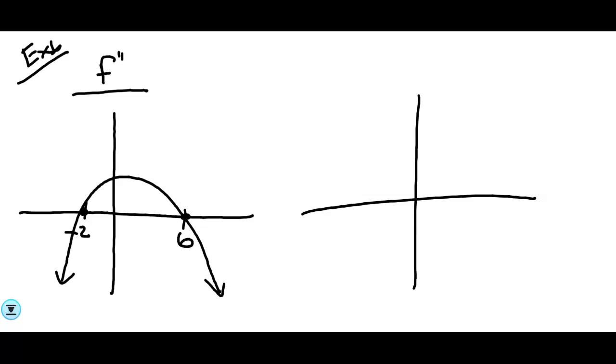She's right. Between -2 and 6, we know it's concave up. F is concave up. Since F double prime is greater than 0 above the x-axis, F would be concave up on that interval. And so obviously, what do we know about over here then? Concave down.